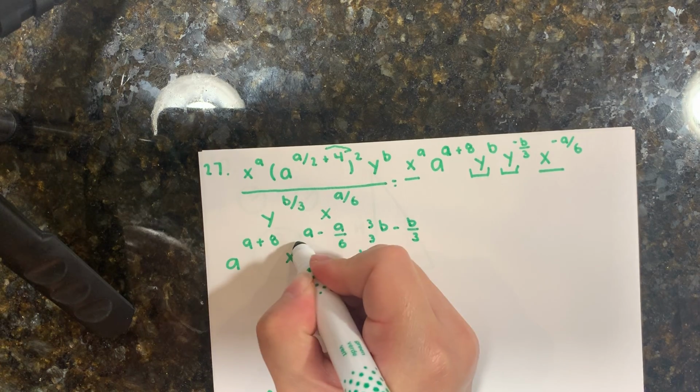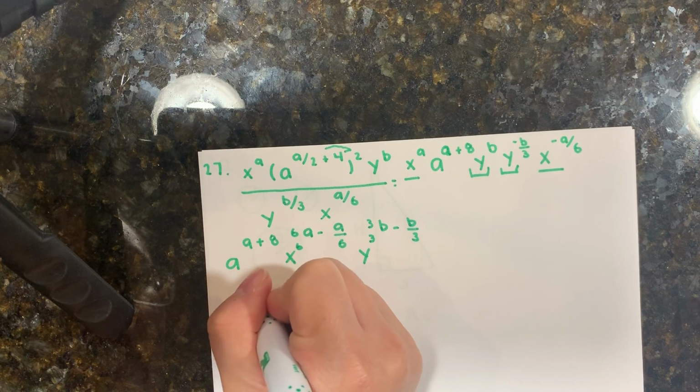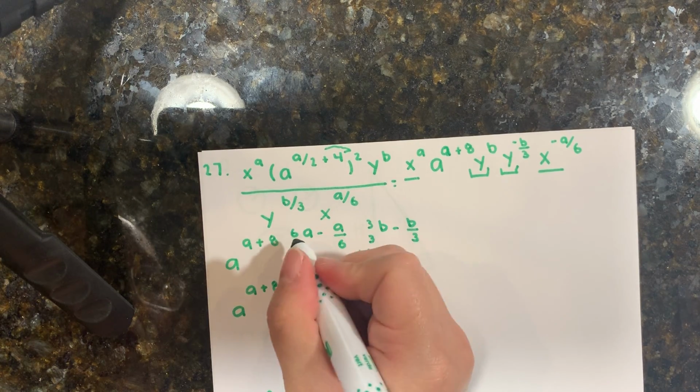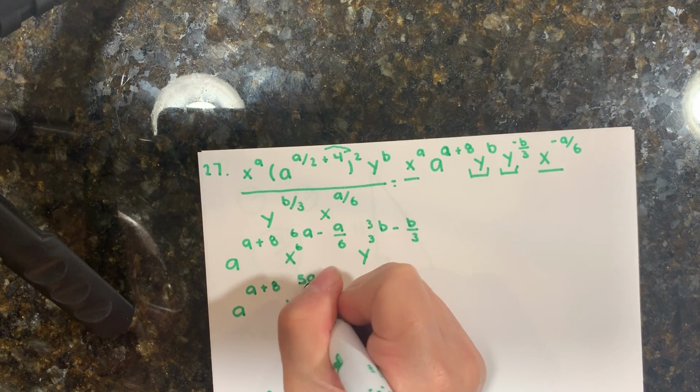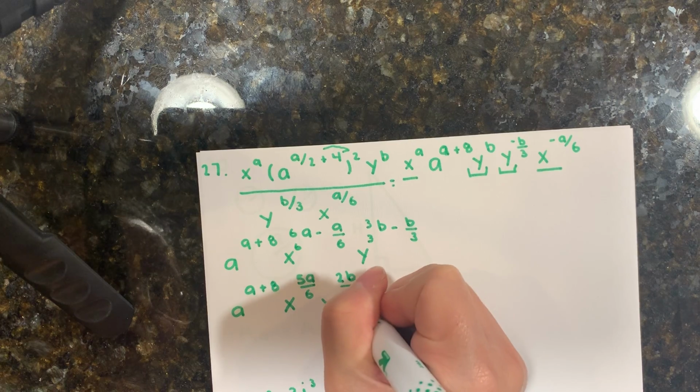Make a common denominator. So the a is going to be a to the a plus 8. X is going to be to the 5a over 6. And y would be to the 2b over 3.